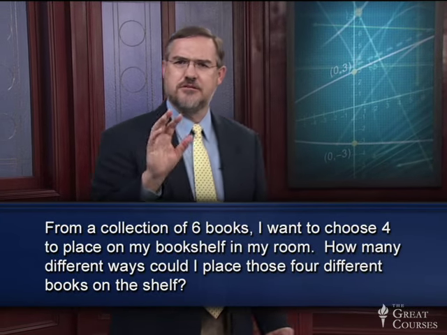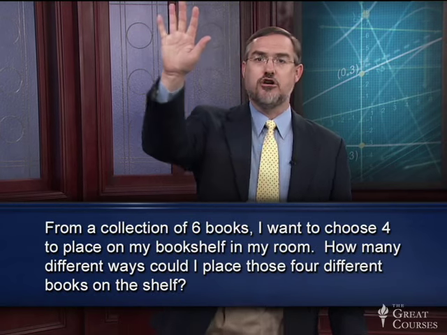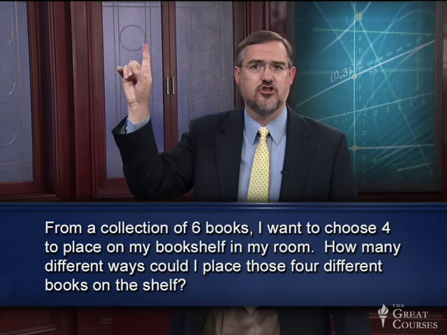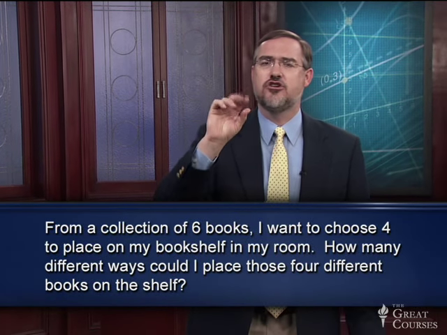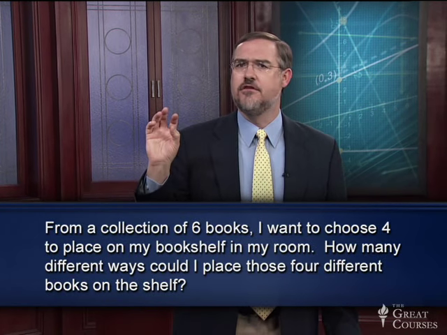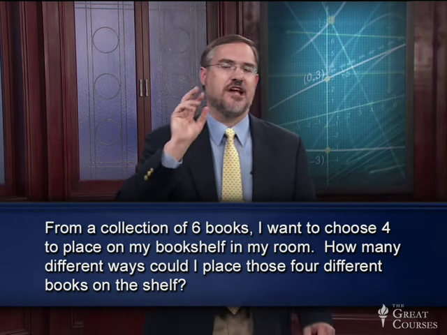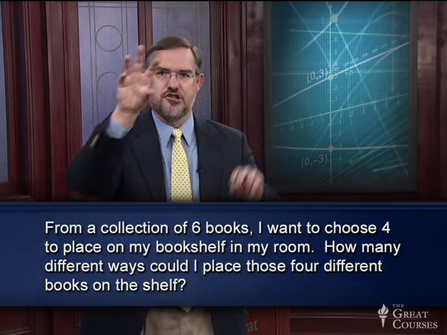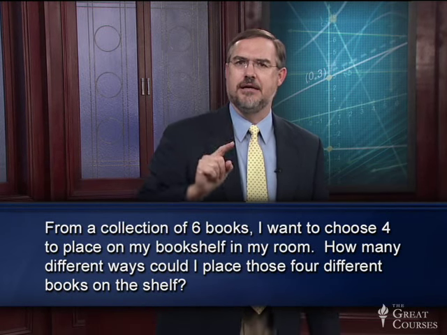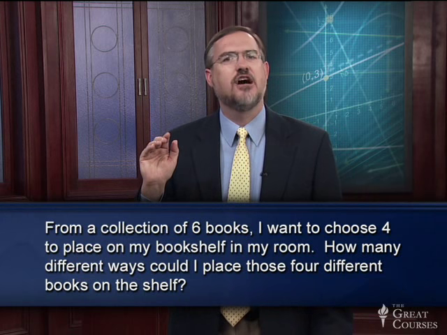If you had 6 books and you wanted to put 4 of those books on a bookshelf in order on the shelf, how many different ways could you arrange those 4 books onto the shelf in your room? Well, that question, because it's asking for arrangements of the books on a shelf, would be a permutations problem, because the order that the books are on the shelf does matter.